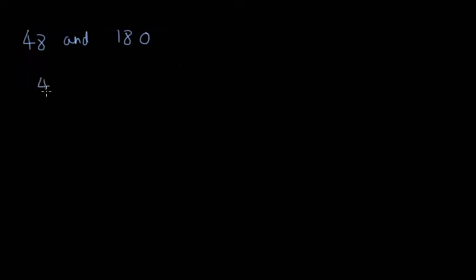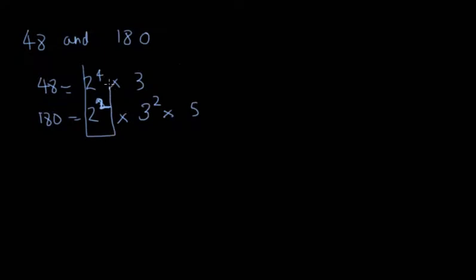So say we've done our factorization tree and we've got 48, the prime factors are 2 to the power 4 times 3, and for 180 the prime factors are 2 to the power 2 times 3 to the power 2 times 5. Look at the powers of 2.